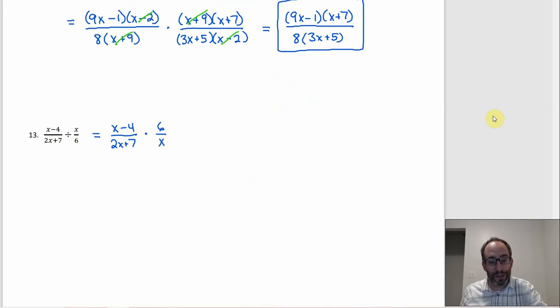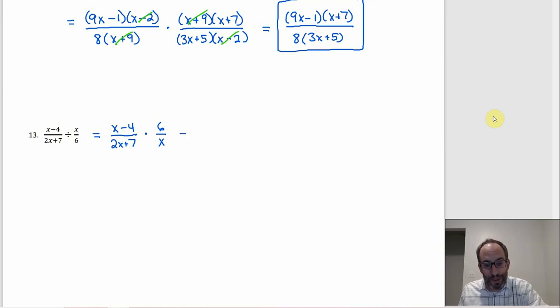Nothing factors, right? x minus 4 doesn't factor. Neither does 2x plus 7. Everything is less than degree 2. So all those degree 1s, like the x minus 4 and the 2x plus 7 and the x, none of those have a common factor that you can pull out. So there's nothing to do, and there's also nothing that cancels.